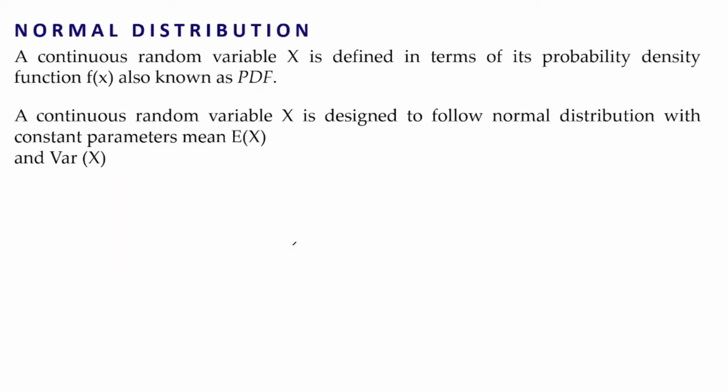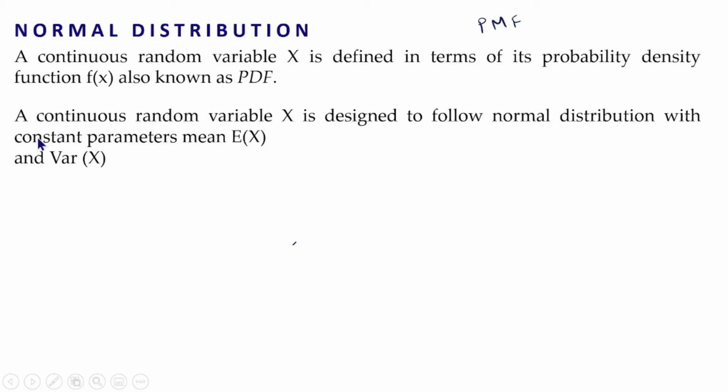Now we will see what a normal distribution is. A continuous random variable x is defined in terms of its probability density function f of x, also known as PDF. For the Poisson distribution and others, we had the probability mass function, PMF, whereas here we have the probability density function.